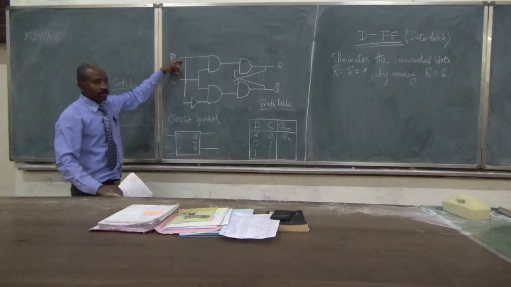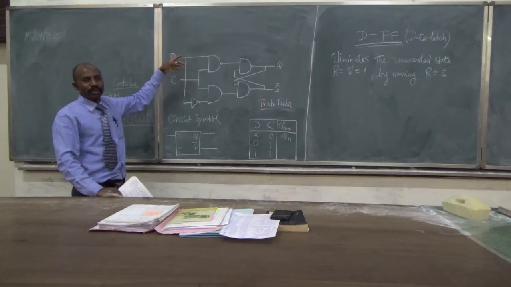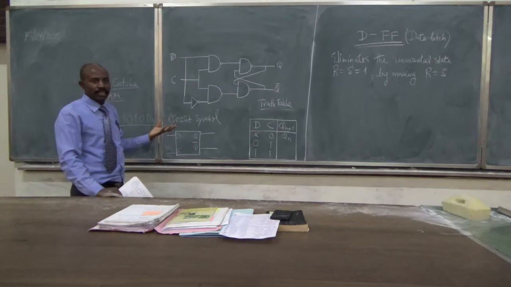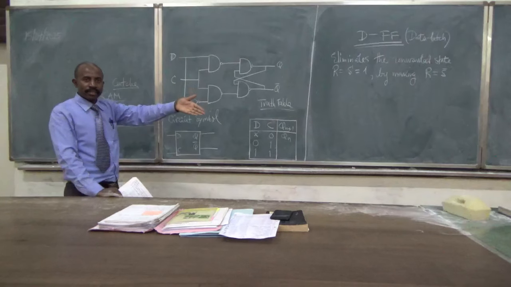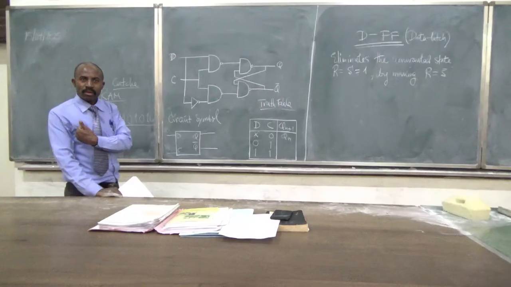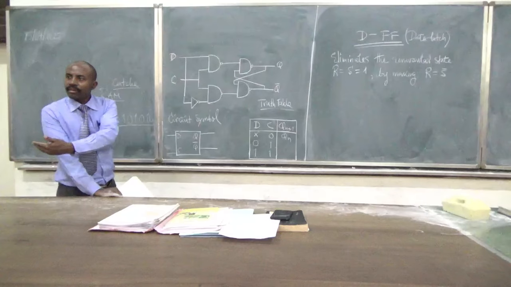If we have the set D, just because we are using a data latch, but this is the set. If we have not set it, much as we have a clock pulse, would we have any state? We have not set it, yes, we have a clock pulse. Would we have any state?